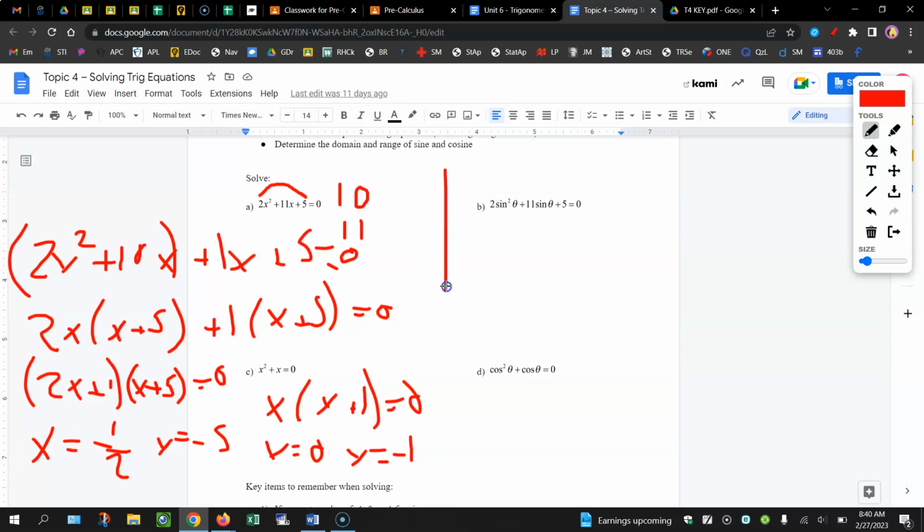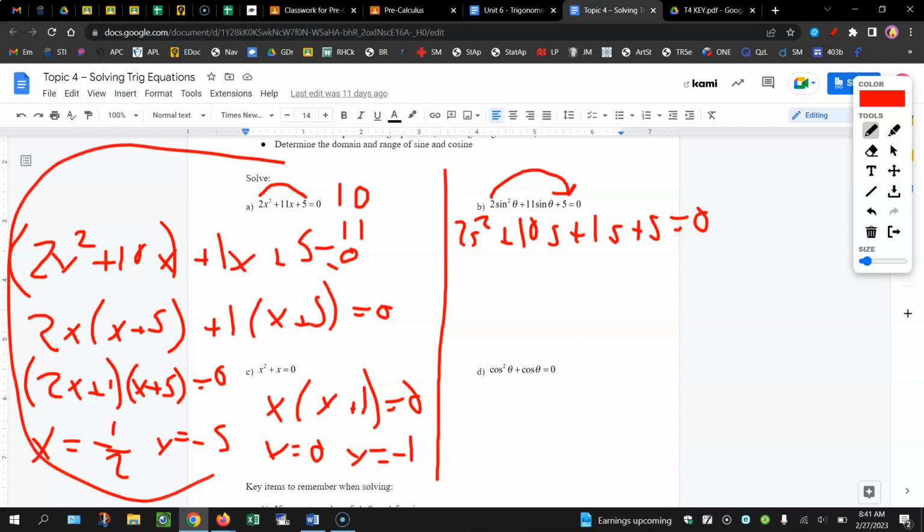Now, if we take a look at specifically the trig equations like b and d, you'll notice it's still the same thing, 2, 11, 5, 2, 11, 5. So you're still going to do the 2 times the 5 is 10. You need numbers that multiply to 10 that add to 11. Instead of writing sine every time, if you want to just think of this as 2s squared plus 10s plus 1s plus 5 equals 0, and go through the same process that you did over here.